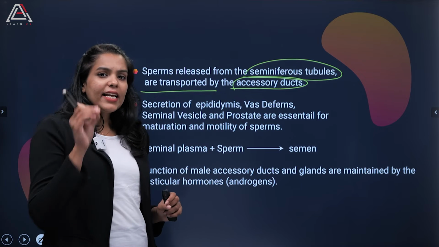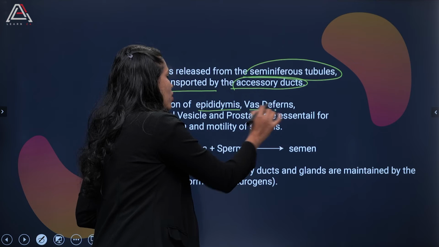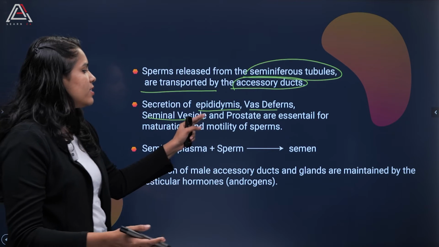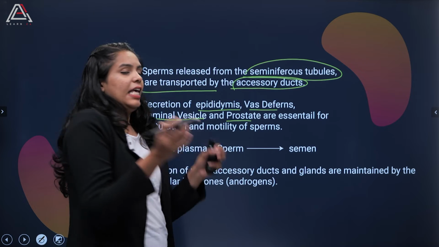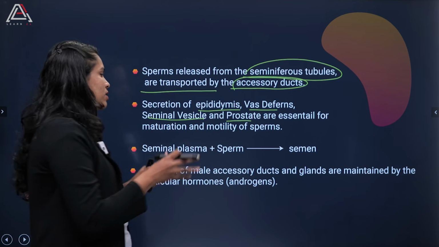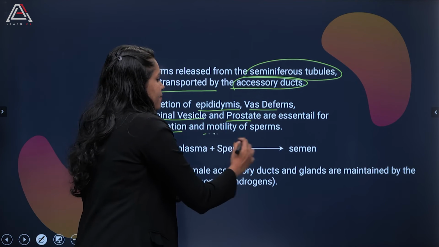So talking about the sperm, it is released from the seminiferous tubule and is transported by the accessory duct. Now, the secretions of these ducts, that is the secretion of the epididymis, vasa deferens, and also some of the glands, which are the seminal vesicle and prostate gland, are really essential for the sperm to mature and to attain motility.